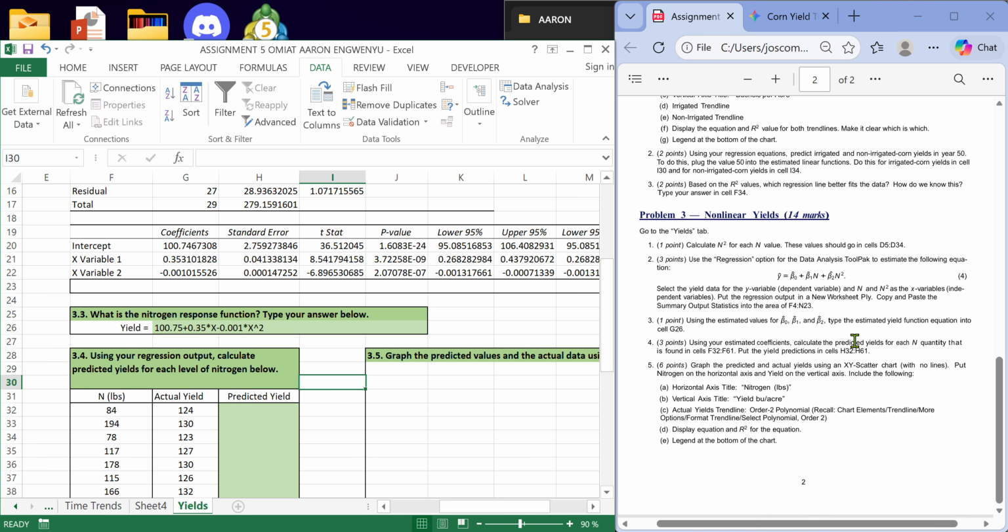Using your estimated coefficient, calculate the predicted yield for a quantity that is found in F32 to 61.